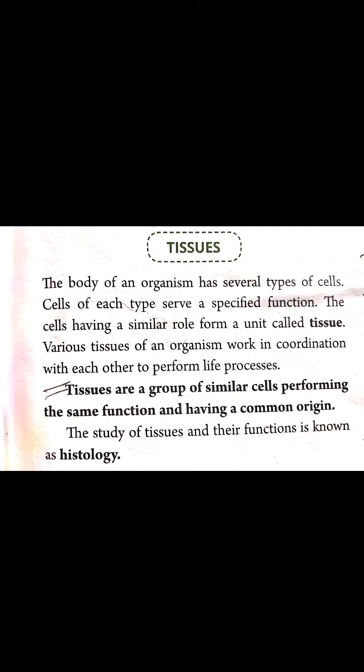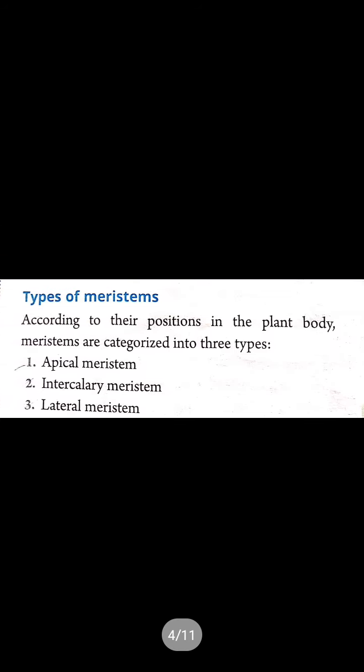The study of tissue is known as histology. As I have told in the case of the cell also, the study of the cell is cytology. Clear? Now we come to the types of meristematic tissue.